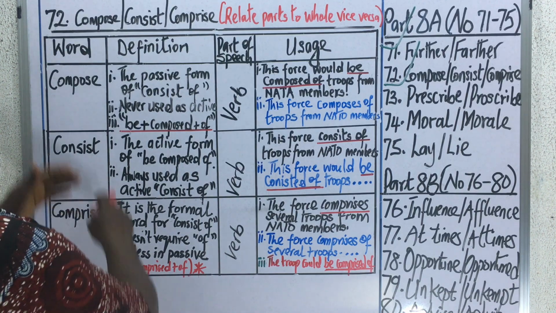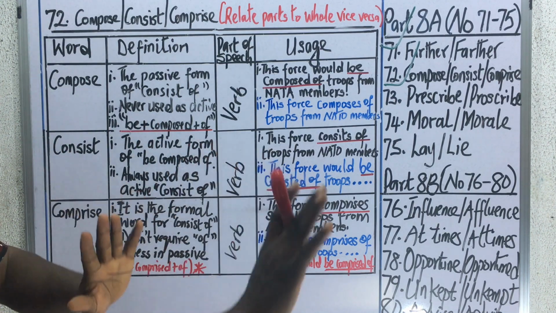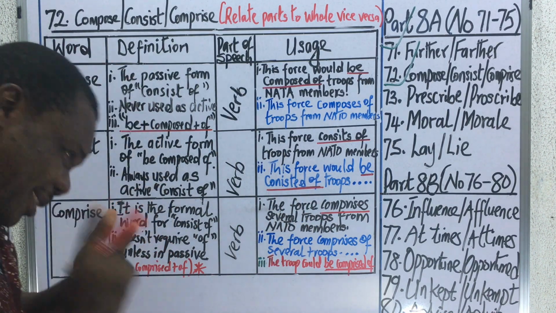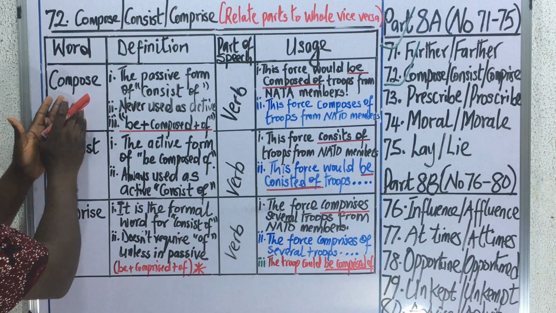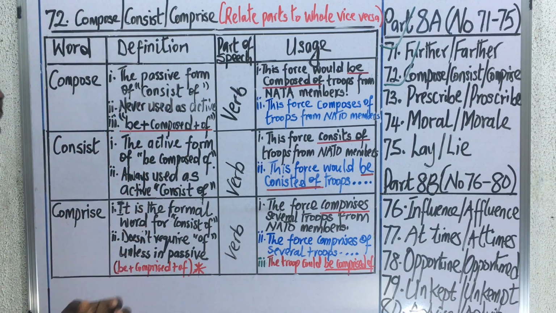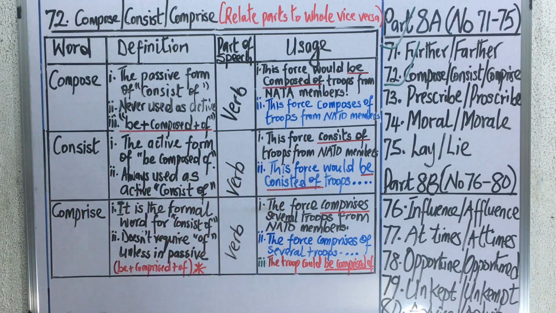Now let's try out the first one. Compose. It means what something is made of. Fine. No argument about that. But you must understand that these very words can only be used in the passive sense. It can never be used in active form.